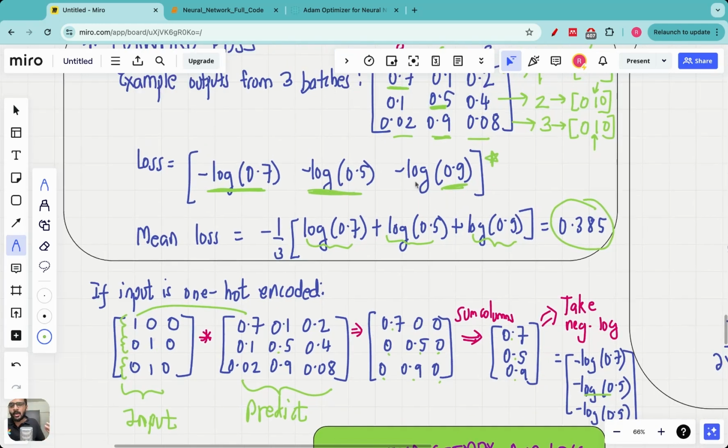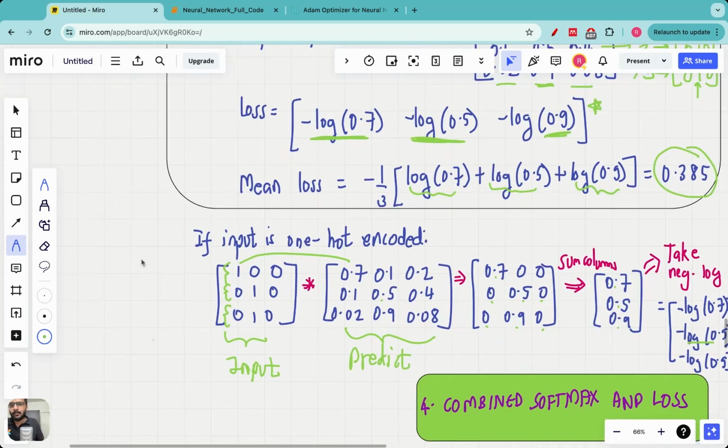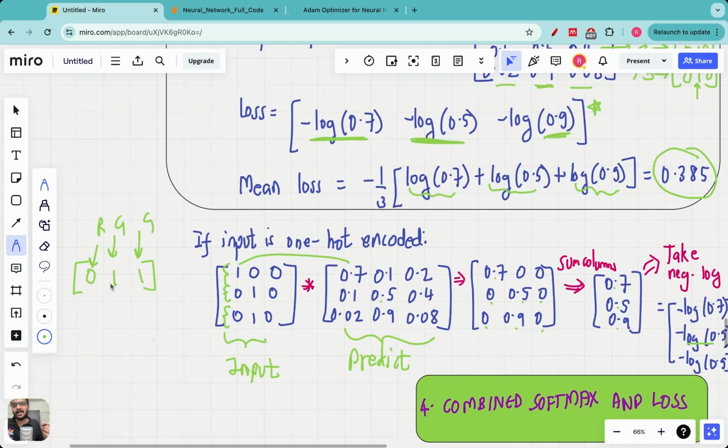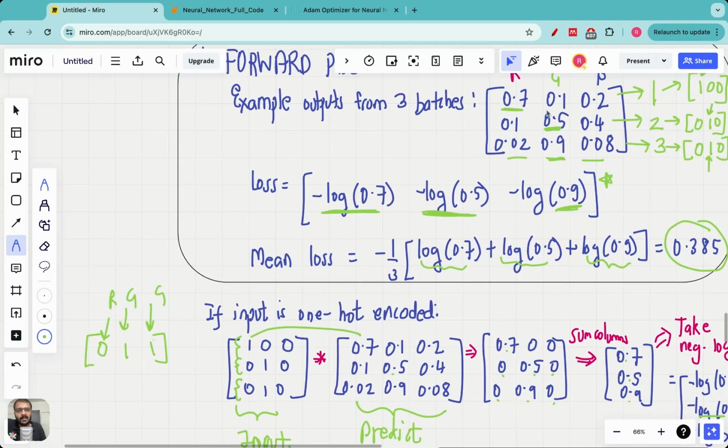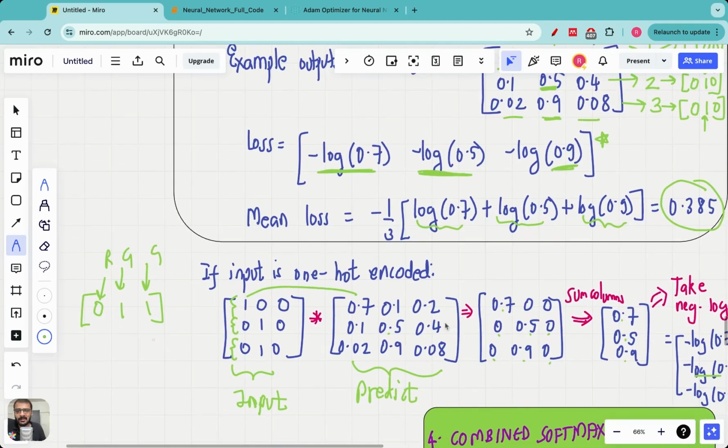If the inputs are not one hot encoded, and the correct answers are just 0, 1, and 1, where 0 corresponds to red and 1 corresponds to green, so these are the true values, red, green, and green, in this case we'll just do it index wise. We'll look at the predicted answer, and for the first row, we'll take the 0th index, which is 0.7.